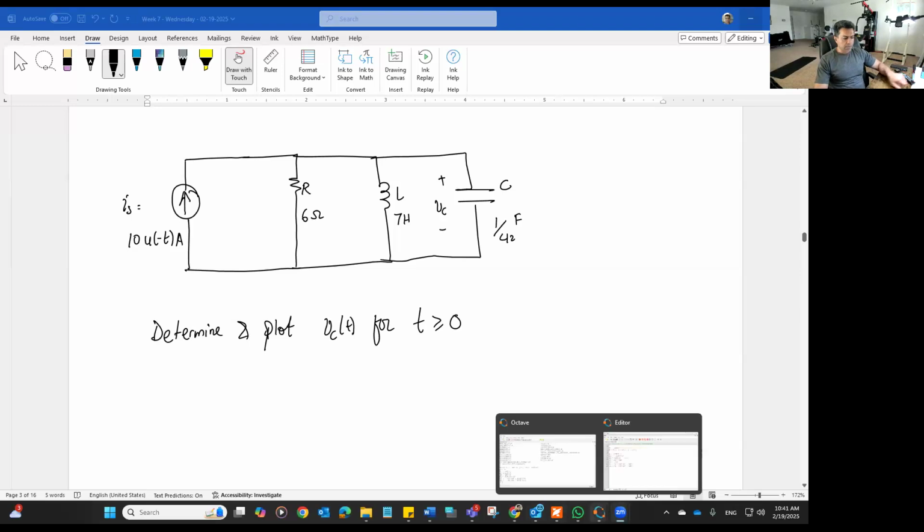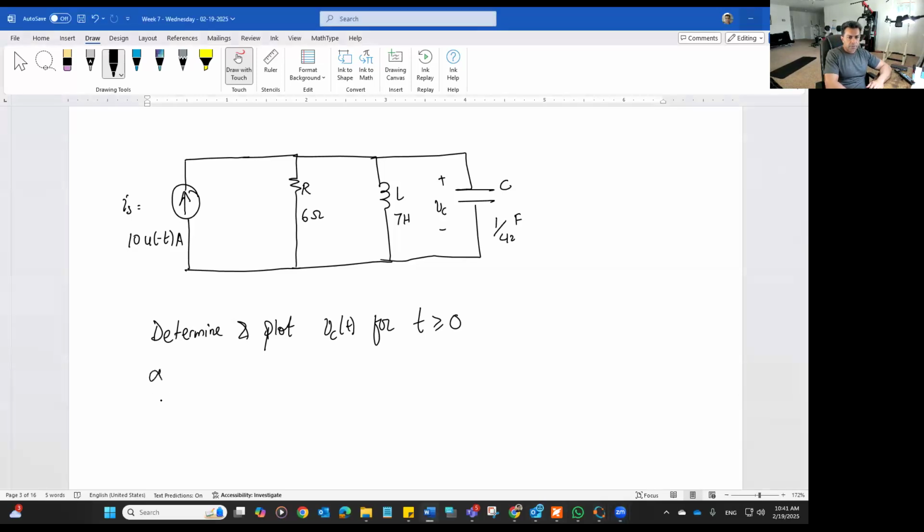As I said, the first thing we're going to do is find out what type of damping we have in this circuit. So we're going to find alpha, omega naught, S1, and S2: 1 over 2RC, and 1 over the square root of LC. I'm going to use the program that I have written.